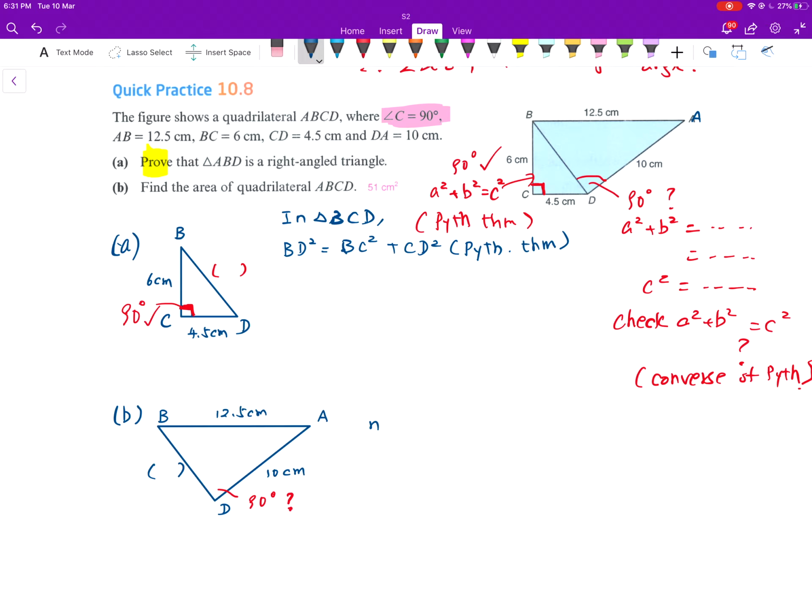For part A, we apply the Pythagoras theorem by writing in one line. BD equals the square root of 6 squared plus 4.5 squared, which equals the square root of 36 plus 20.25, so it equals 7.5. For part A, we are given the 90 degree and we apply the Pythagoras theorem, so we find BD equals 7.5. We write this in the figure for our reference later.